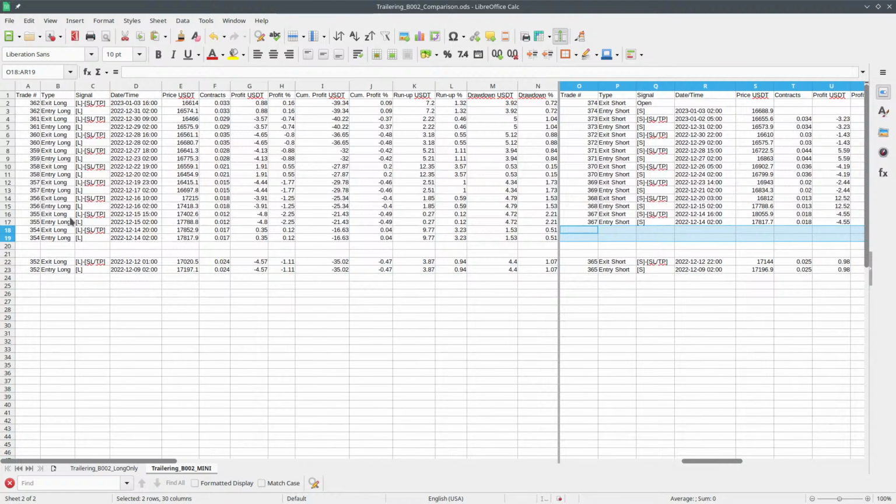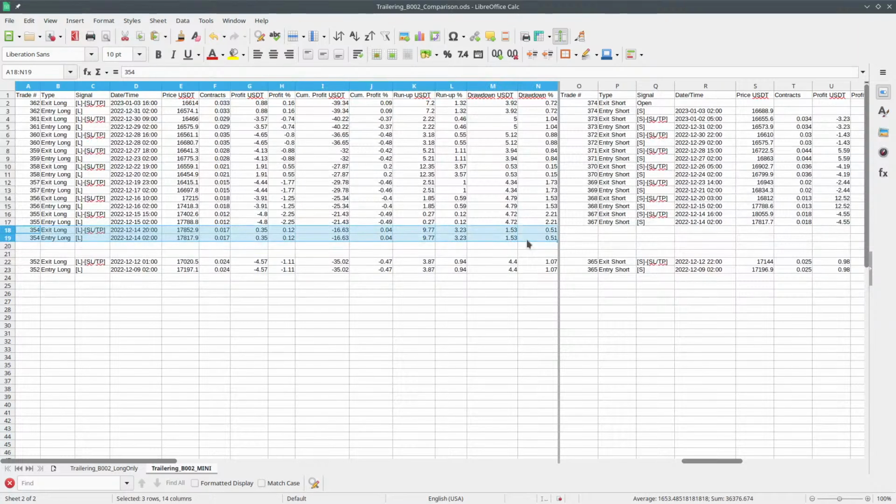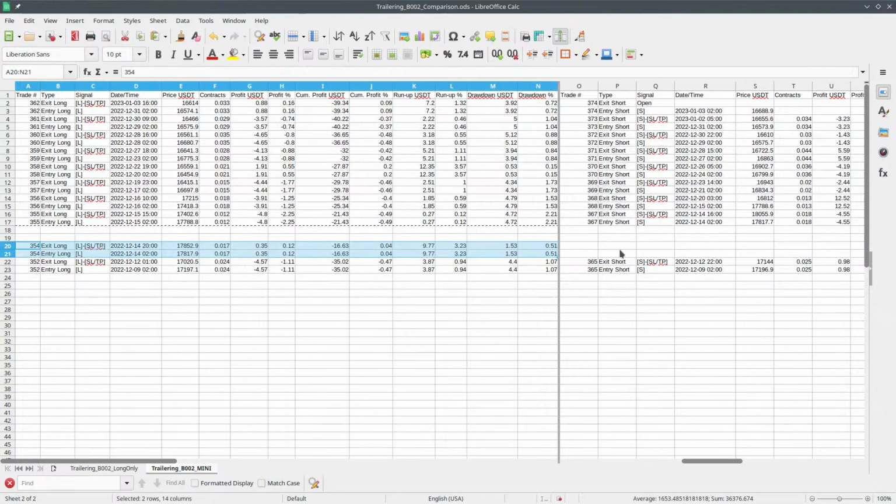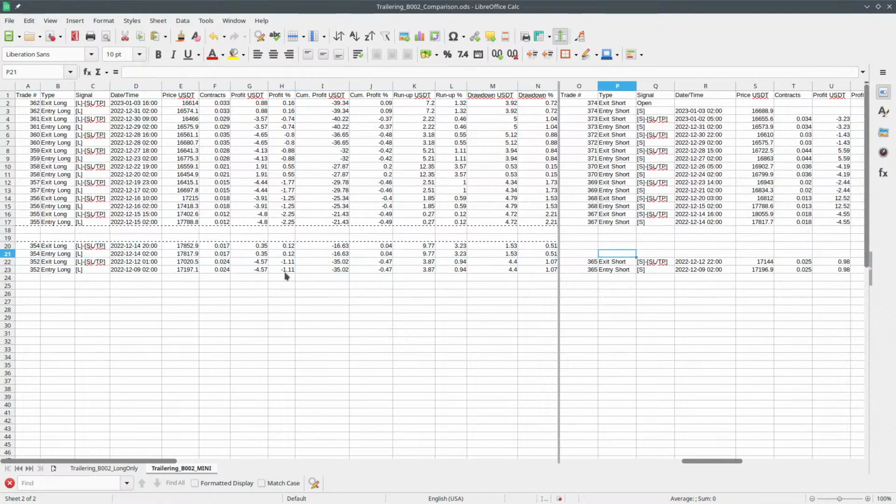So now we are back on using the same entry, so we can have this one here, which we are going to copy here. Okay, and now we should focus on 14.